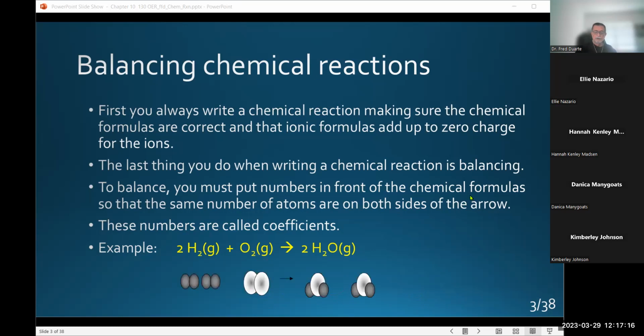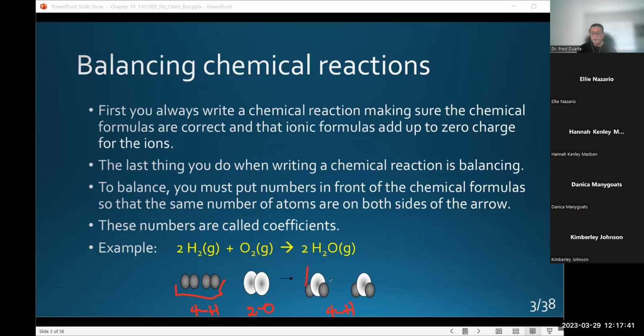And that can be shown here by the formulas. You can see here that we have a total of 4 hydrogens, okay? We have a total of 2 oxygens. And then on the product side, we still have 4 hydrogens, but they're in the form of water.